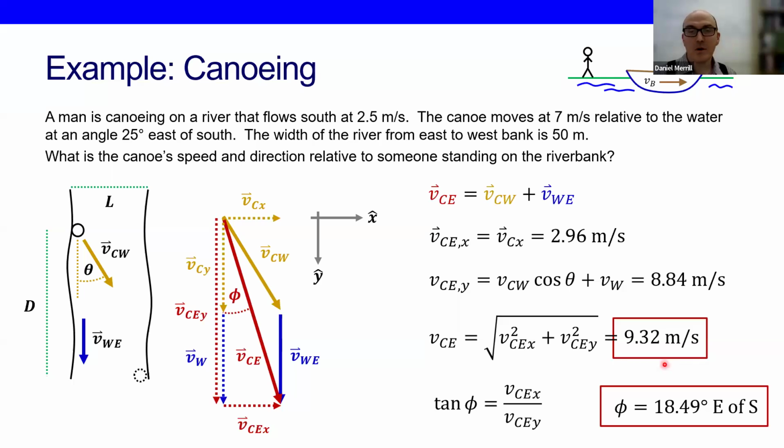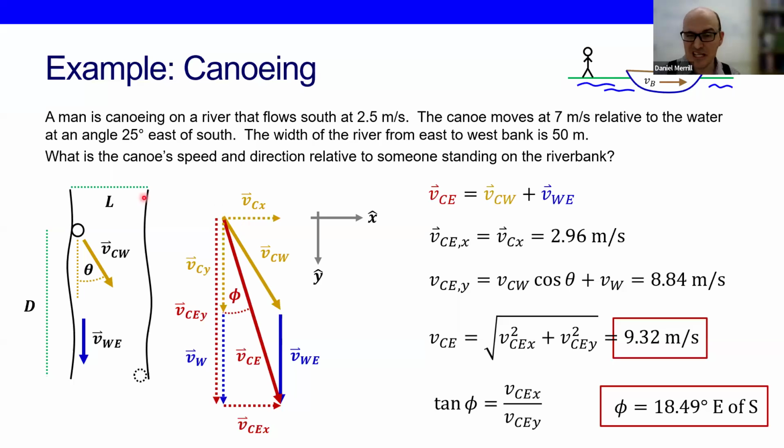And there we go. We've now worked out the overall speed and direction of this canoe as measured by someone standing on the riverbank. So using ideas of relative motion, figuring out what frame of reference each of our values was given in, and then working out what frame of reference we needed to be in to perform a certain calculation, we could figure out how long it took us to cross the river.